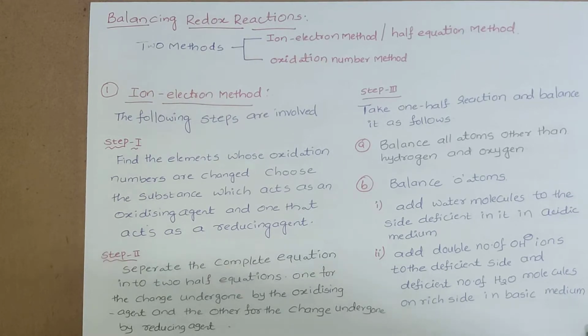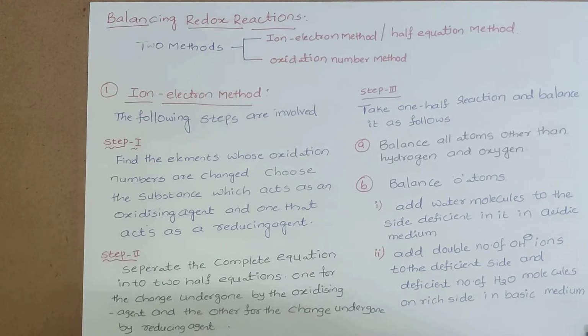In step 1, whatever equation is given, we have to write that equation. After that, we need to find the oxidation number of each atom in the substances.